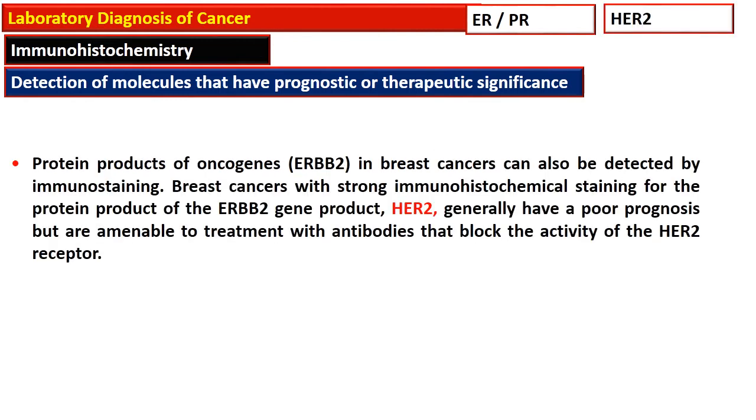Similarly, some protein products of oncogenes such as ERBB2 in breast cancer can also be detected by immunostaining. The product of the ERBB2 gene is HER2, and HER2 has a poor prognosis, but if HER2 is expressed on the tumor, that can be blocked by a HER2 blocker.